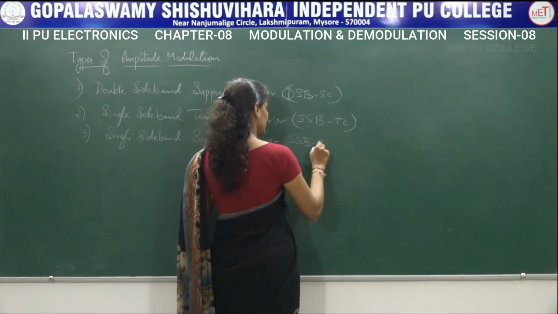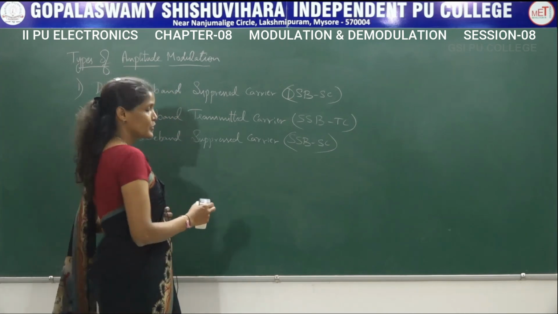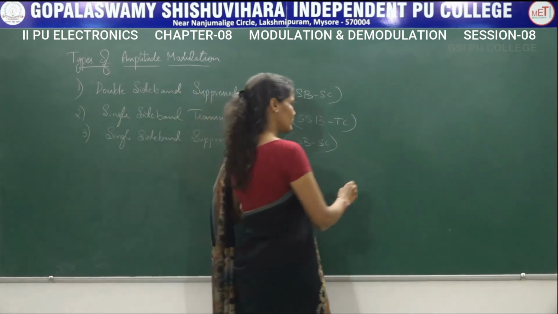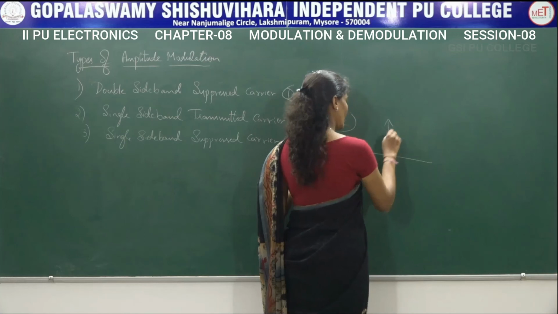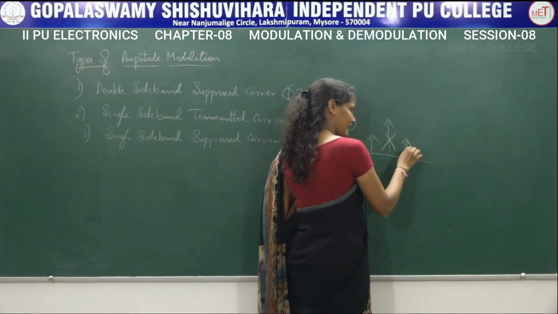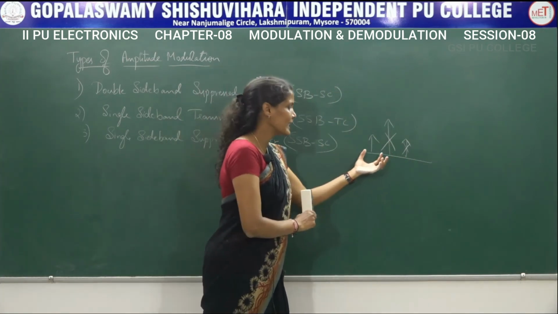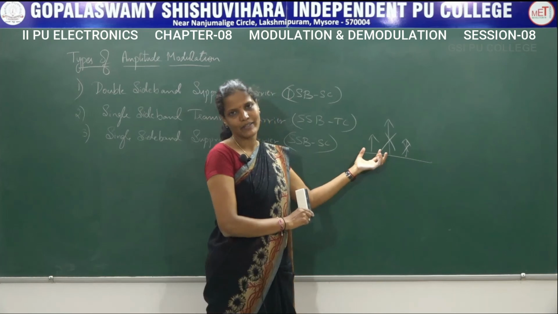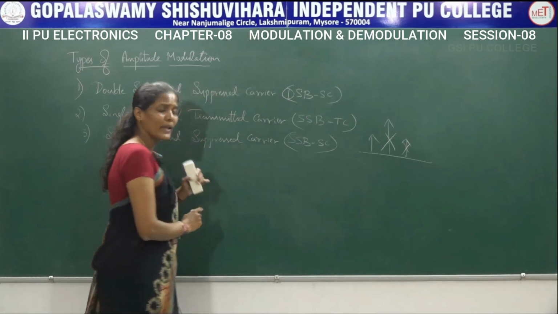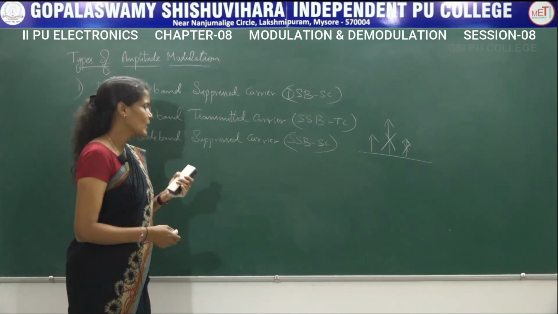Single sideband suppressed carrier is the most widely used type of amplitude modulation. Here what we are going to do is, out of these three components, we are going to suppress the carrier component and one of the sideband components, and we will be sending only one sideband component. By doing this, a major amount of the total power will be saved instead of getting wasted.